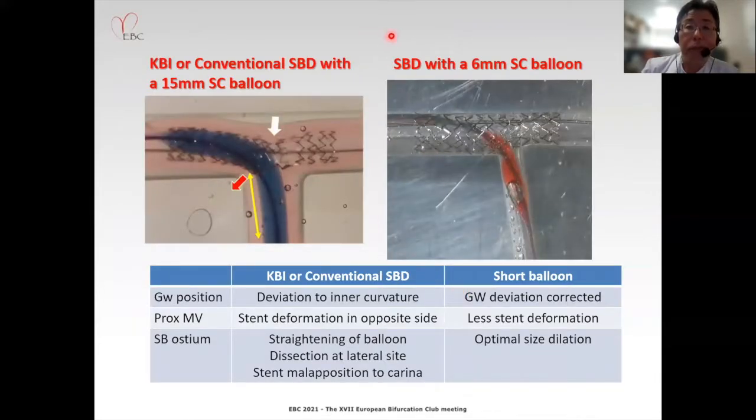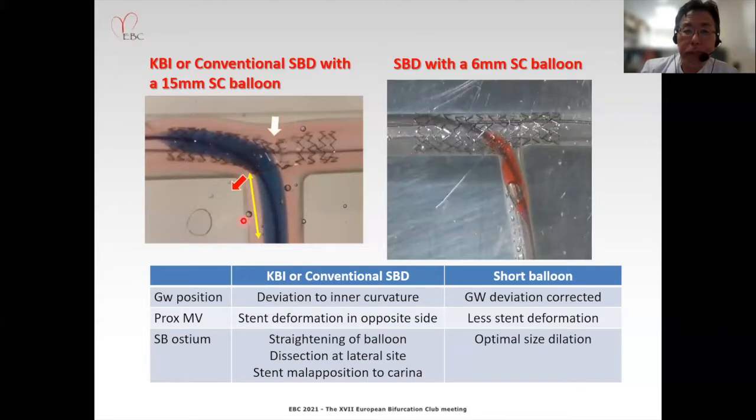This is a bench testing to compare the conventional side branch dilation by a long balloon and that by a short balloon. In the conventional dilation, guide wire deviation to the inner side at the side branch ostium is maintained during balloon inflation, and stent deformation on the opposite side of the side branch is likely to occur due to balloon straightening.